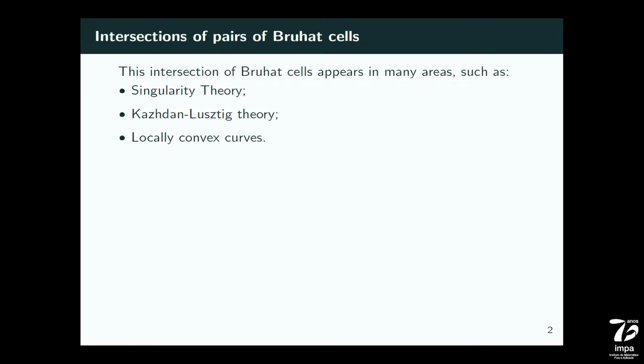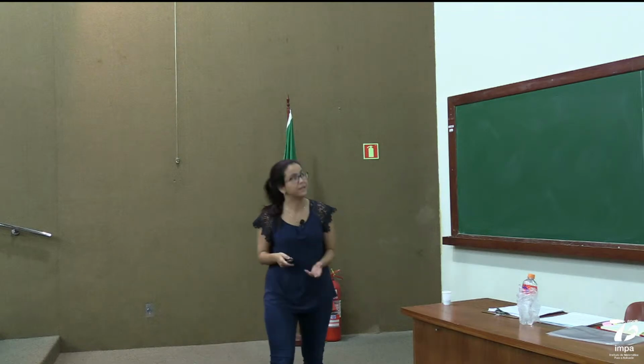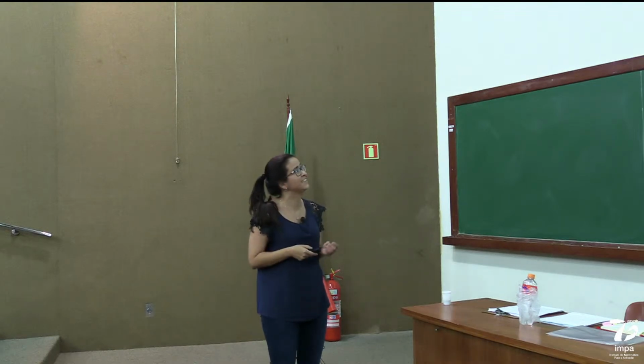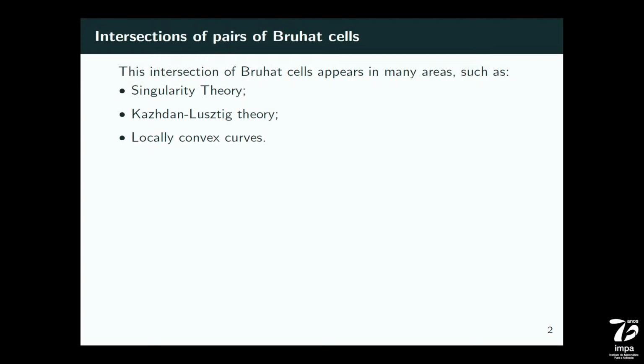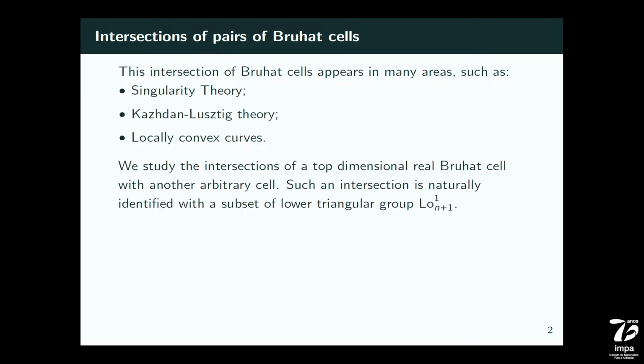The intersection of Bruhat cells appears in many areas, like singularity theory, Kazhdan-Lusztig theory, and in locally convex curves. I studied the homotopy type of locally convex curves in my PhD thesis, and so my interest in these topics more or less appears at this point.